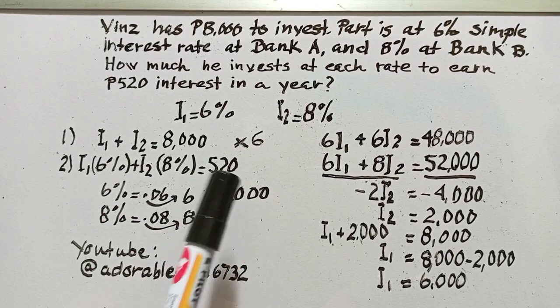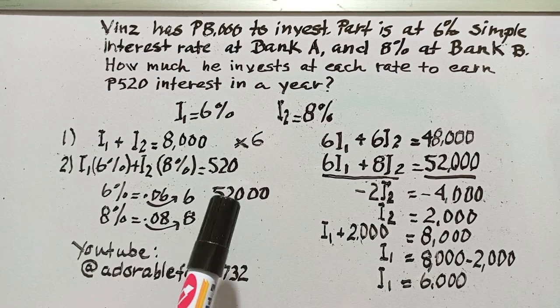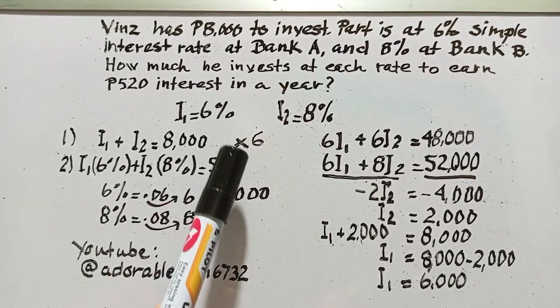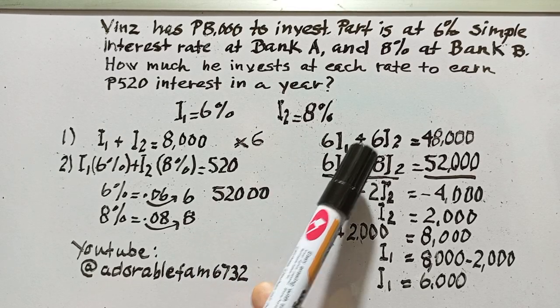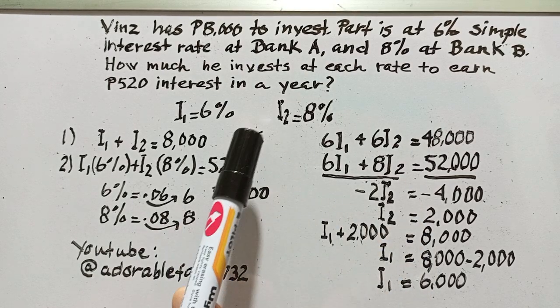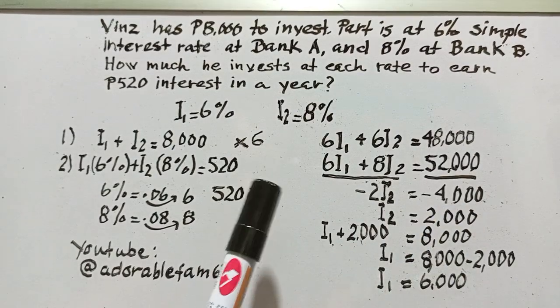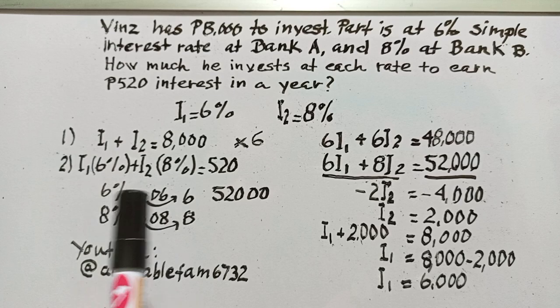So, 520 becomes 52,000. Now, let us multiply the first equation by 6. So, we have now 6I sub 1 plus 6I sub 2 equals 6 times 8 is 48 plus 3 zeros, we have 48,000. And then, this interest rates become now whole numbers.